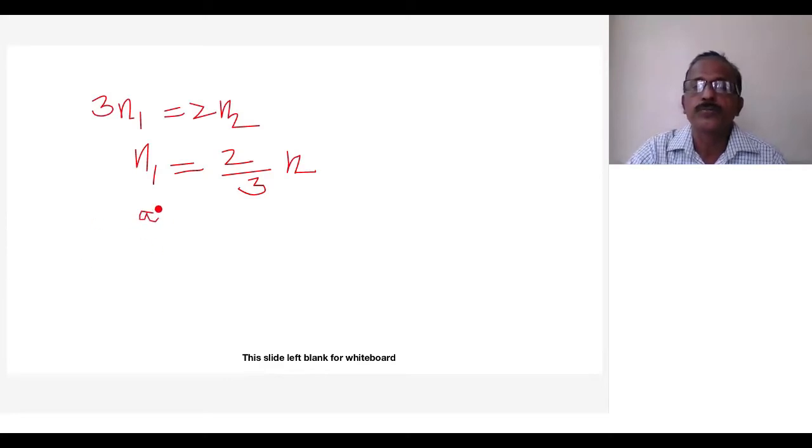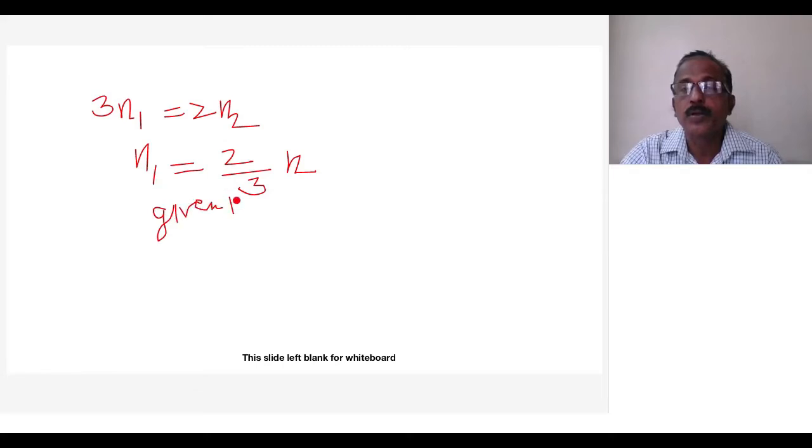Also given that n1 plus n2 is equal to 100.